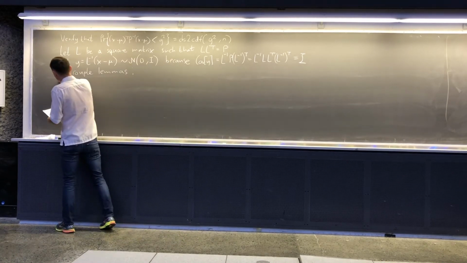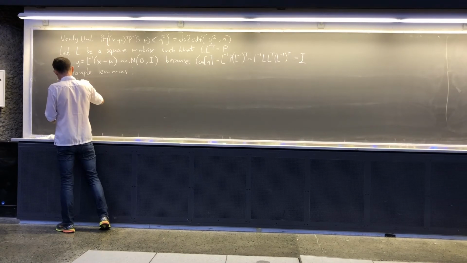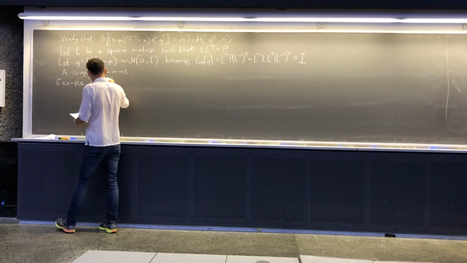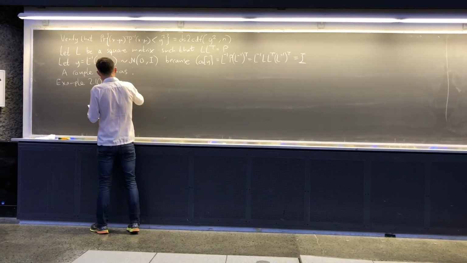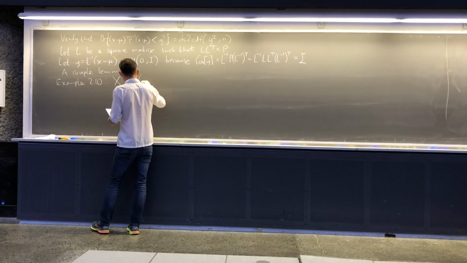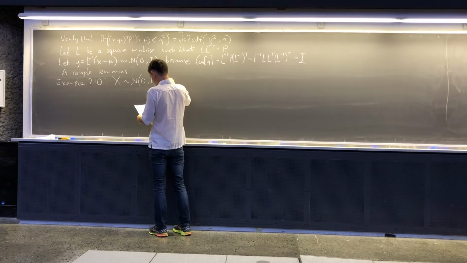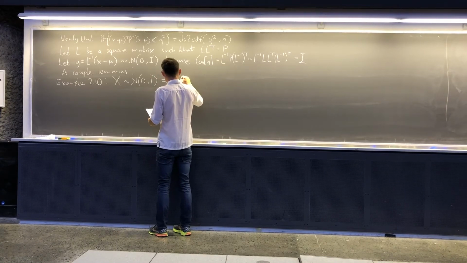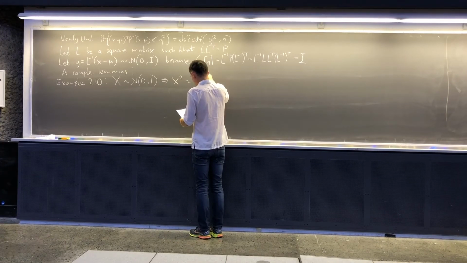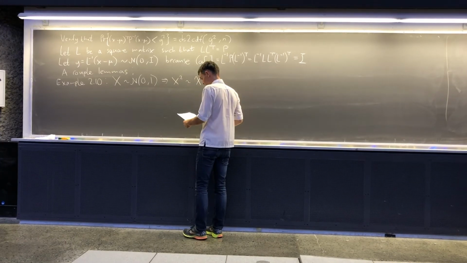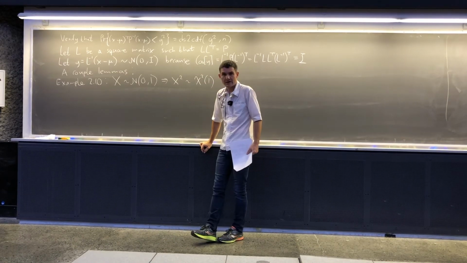So first I have something from example 210 in the book, which I also did show here on the blackboard: that if x has a standard univariate Gaussian distribution with variance 1, then x squared has a chi-square distribution with 1 degree of freedom. So that's one result I would like to use.